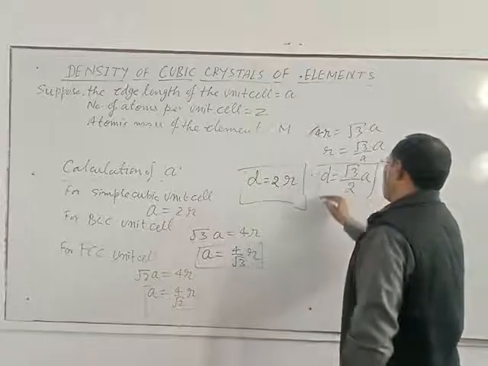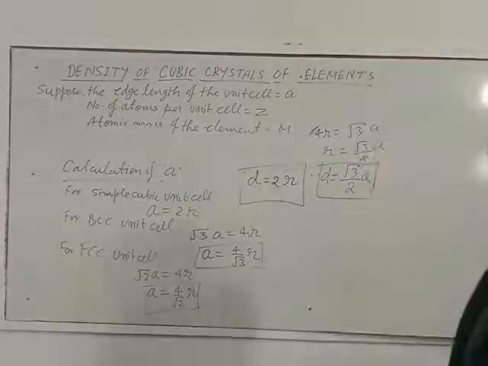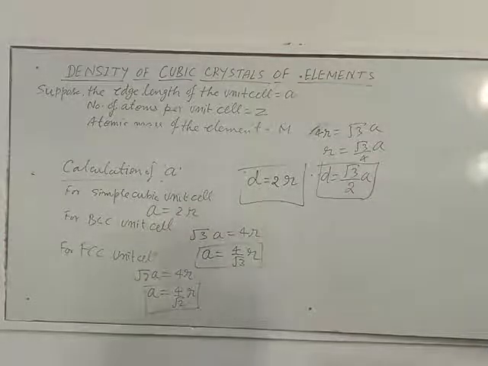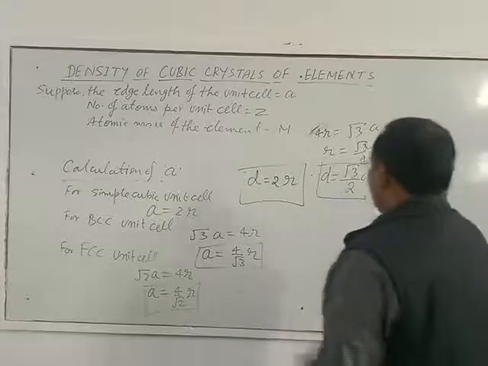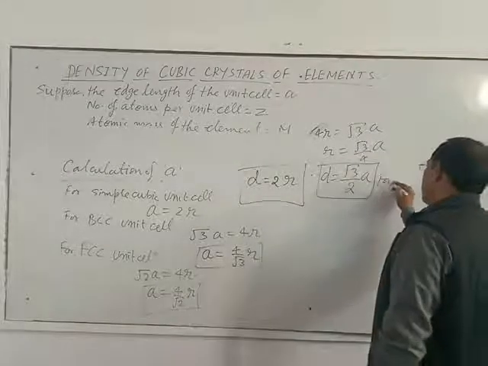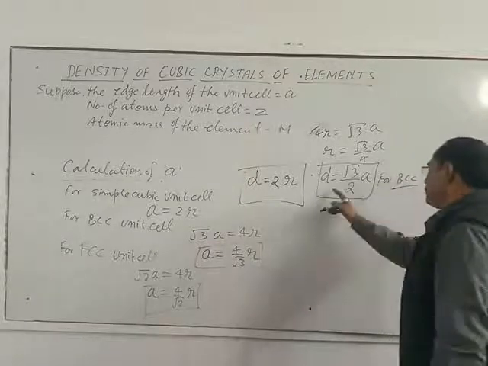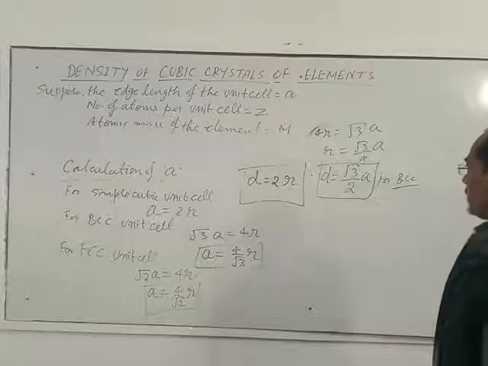This is the relationship between d and a for body centered cubic unit cell, for BCC. This is the value of distance between nearest neighbors.